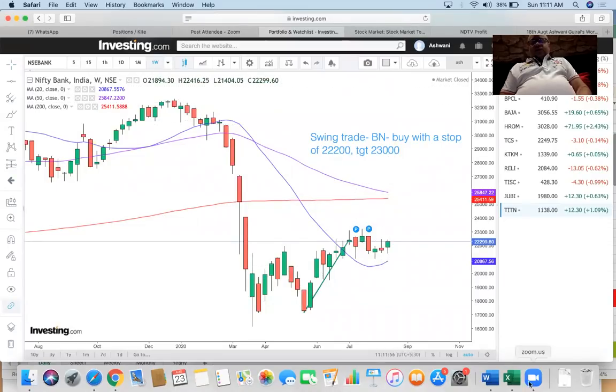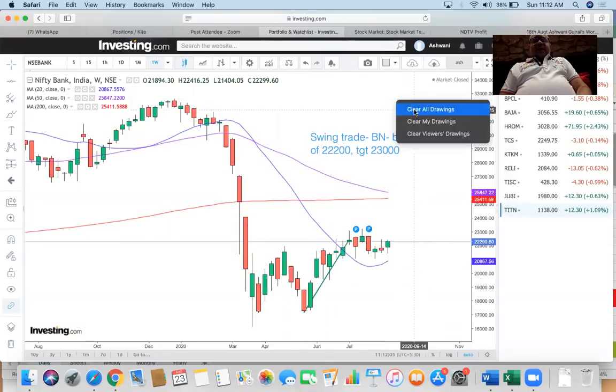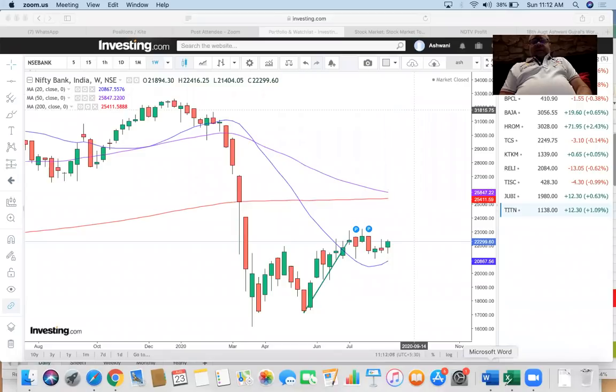Now let's go to the pivots and see how well this matches with the pivot situation.